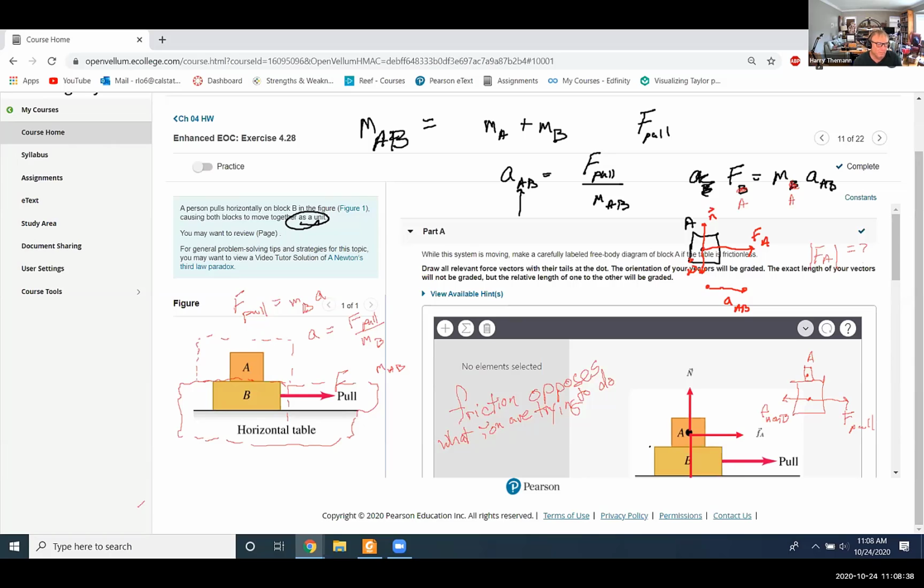But we can decide to look at it a different way if we want. We know we want to have A and B, and so that means we have an F on A and an F on B, and we should be careful and call it an F net and an F net.